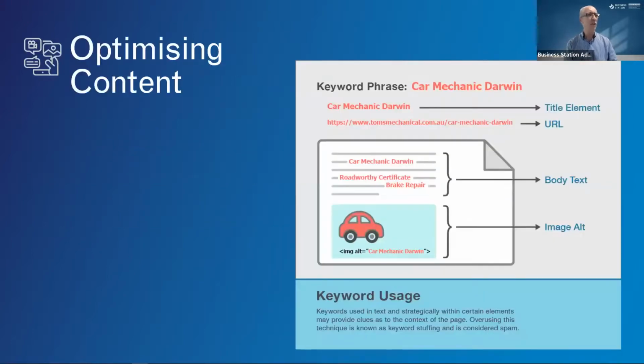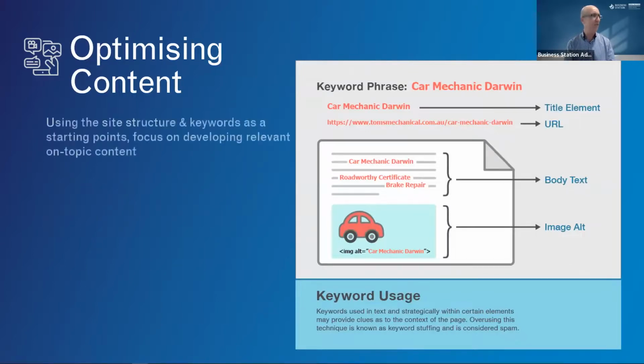And then you've got to put these in certain places. Now, I know this sounds really simplistic, and this is a simplistic example, but for example, in this scenario, if I was Tom's Mechanical, and I'm in Darwin, I've decided that car mechanic Darwin is the keyword I want to rank for.